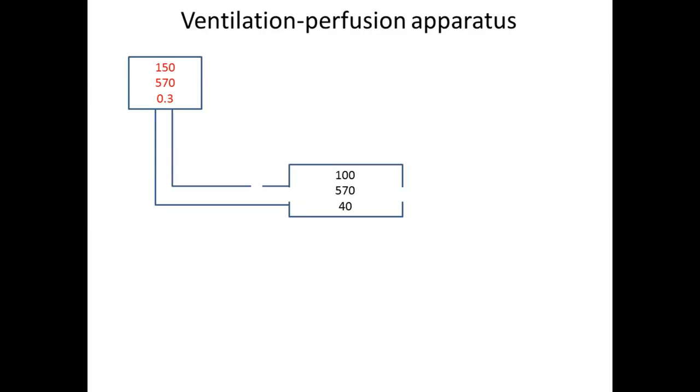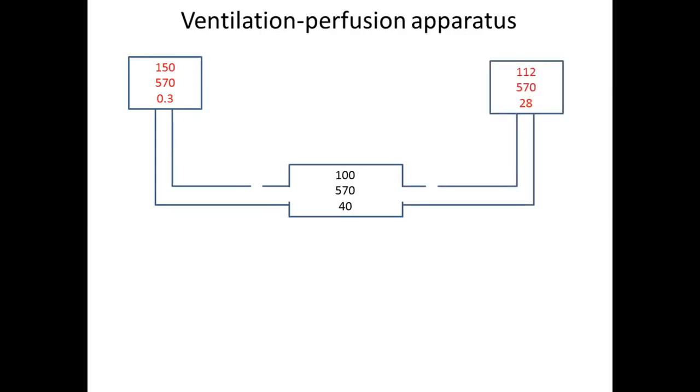The nitrogen will stay almost the same, and now we have higher CO2, which is around 40 millimeter mercury. And then you exhale with a little bit higher oxygen than the alveoli, because it's mixed back now in the dead space, so you have 112, and nitrogen is the same, 570 millimeter mercury, and now you have 28 millimeter mercury of CO2 exhaled out.